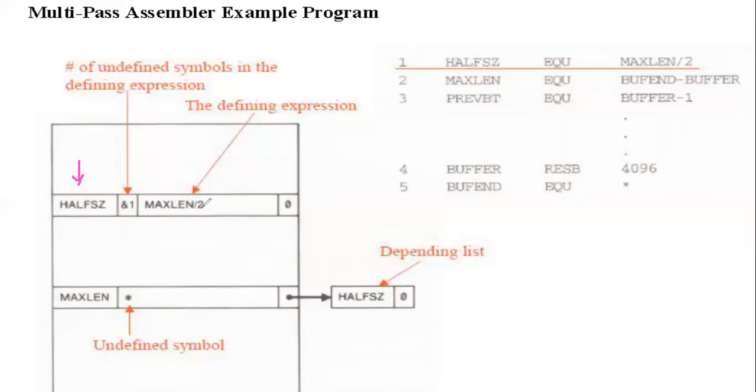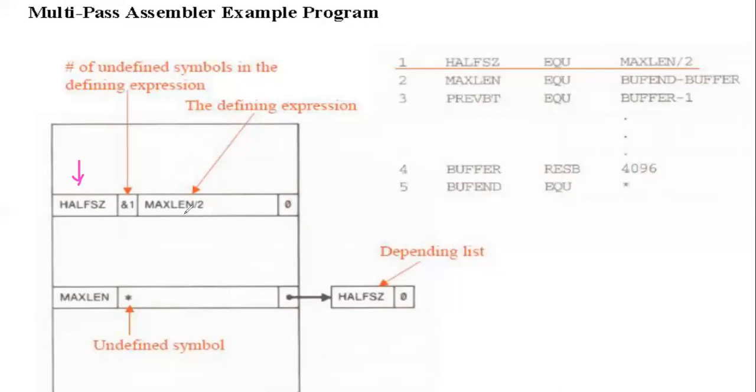It should be divided by 2, and then the result can be computed. Whether half size is declared or mentioned in any other location: if not, we need to provide 0 over here. Otherwise, we need to provide a reference.